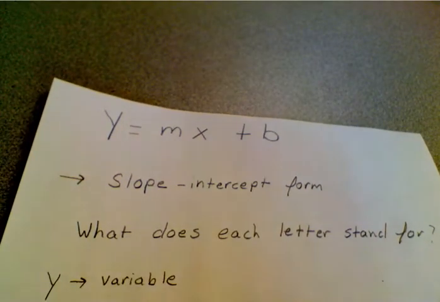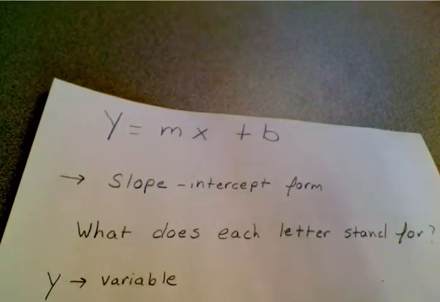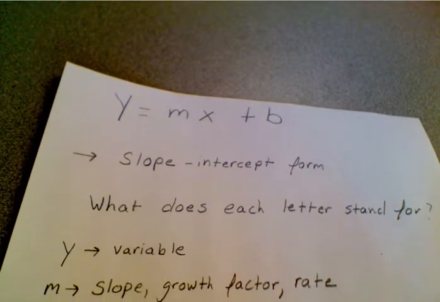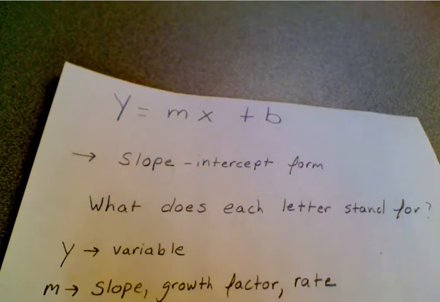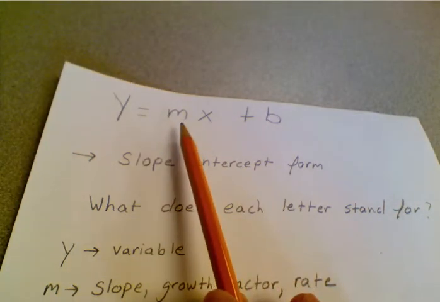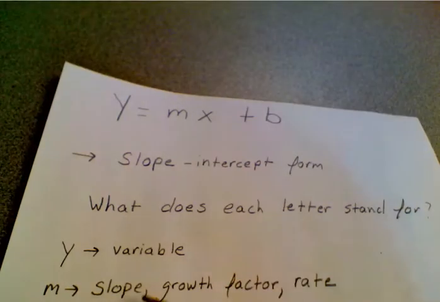Well, the y in the equation is just a variable. It's an unknown, and we'll be dealing more with y later on in the course. The letter that we're going to focus on a lot coming up is m. M is always your slope, your growth factor, or your rate.